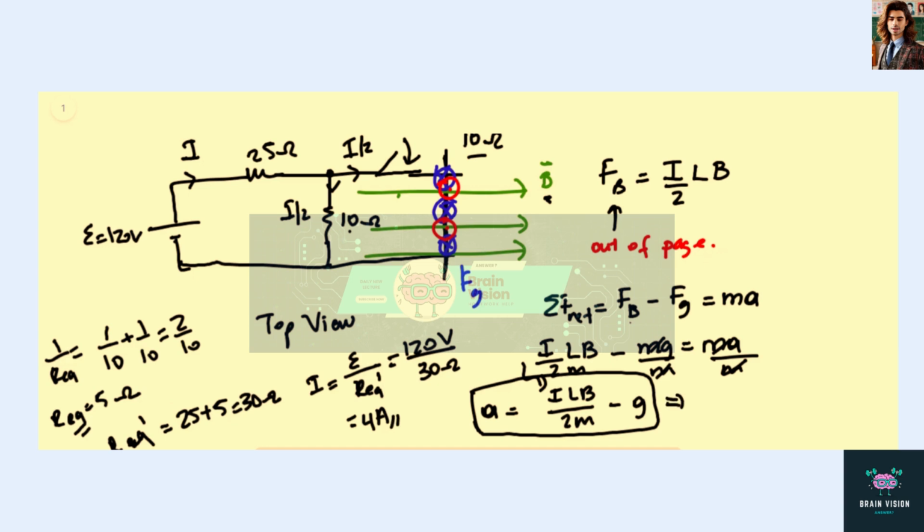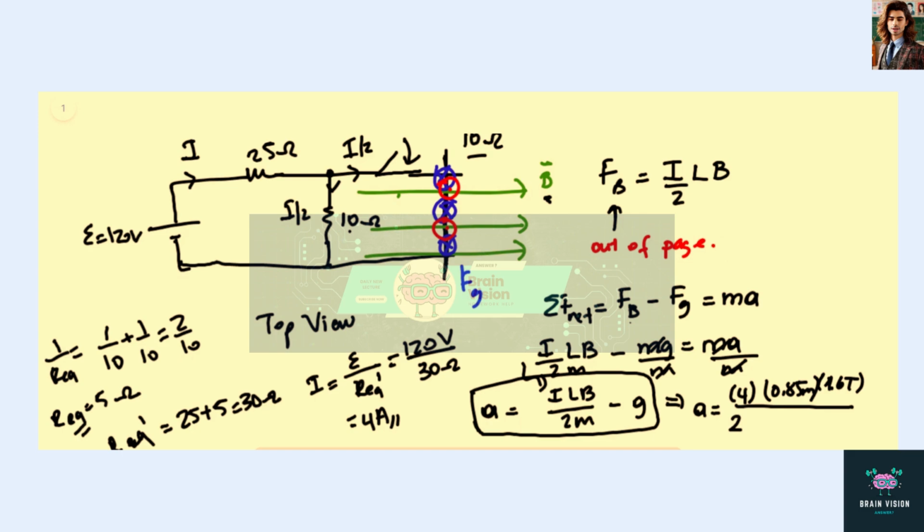Now going back to this equation, the acceleration is going to be 4 times the length of this bar, which is 0.85, as given to us. Then the magnitude of the magnetic field is given as 1.6 teslas. Then we're going to divide this by 2 times the mass.